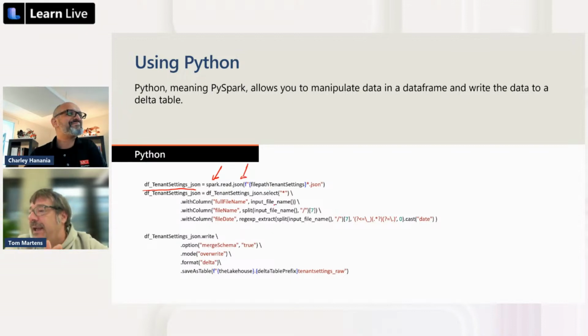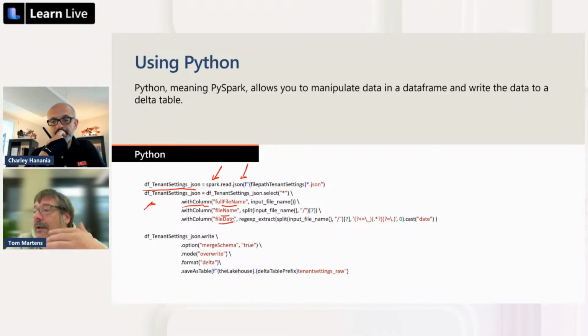The second line uses the withColumn method on top of the already existing data frame, adding some housekeeping columns in this example.